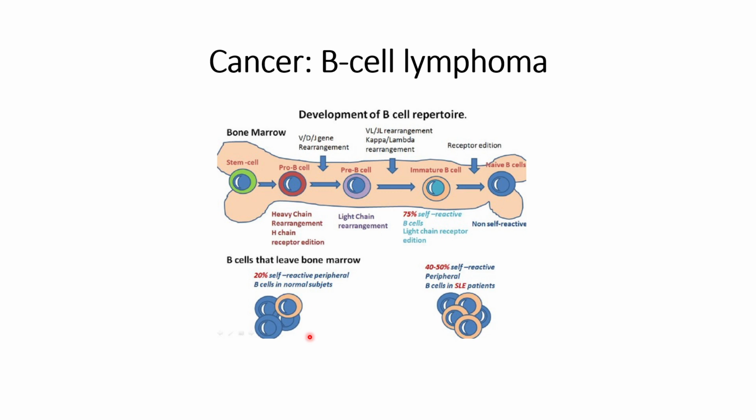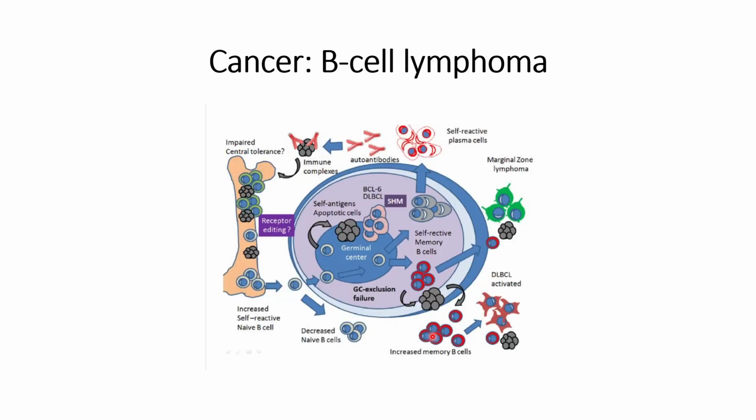In a healthy person, the percentage of B cells without receptor addition is around 20%, whereas in an SLE patient, or we can say an autoimmune patient with B cell lymphoma, there are around 40 to 50% self-reactive B cells. How this creates B cell lymphoma, let us understand through the next figure.